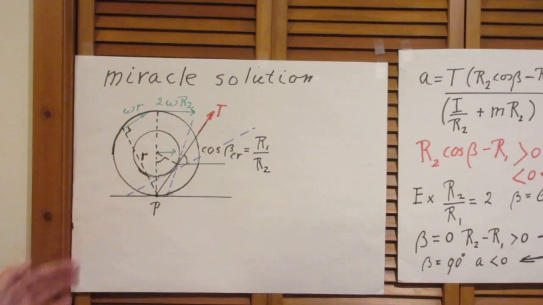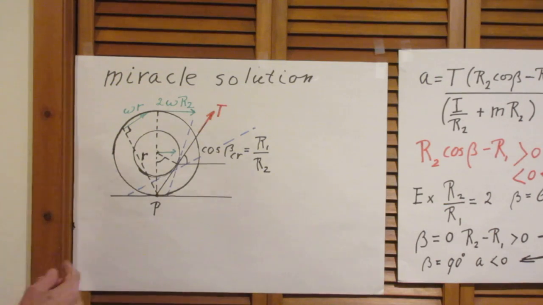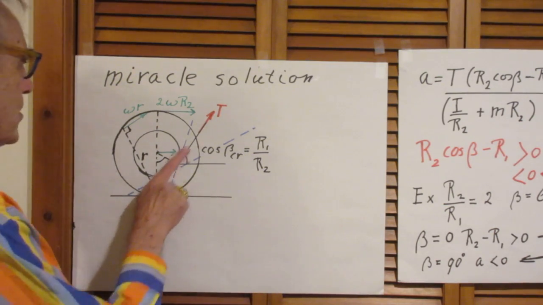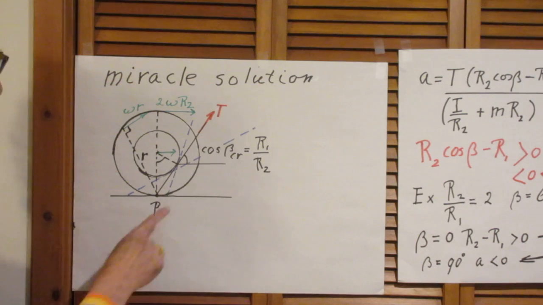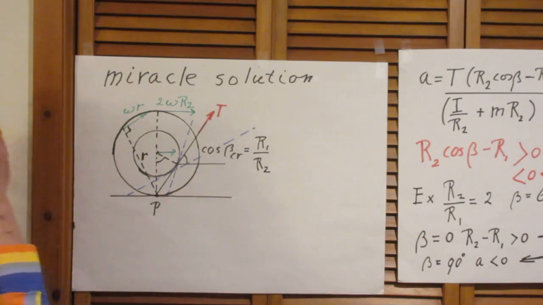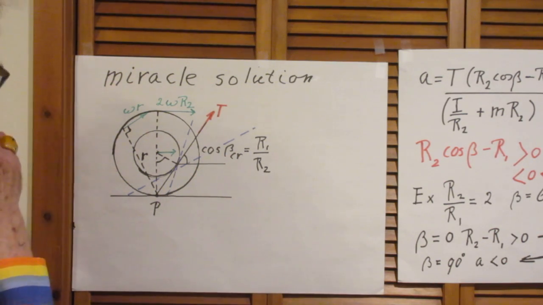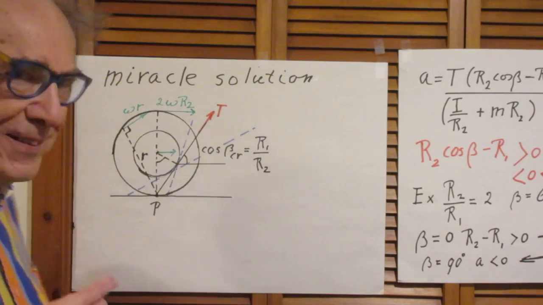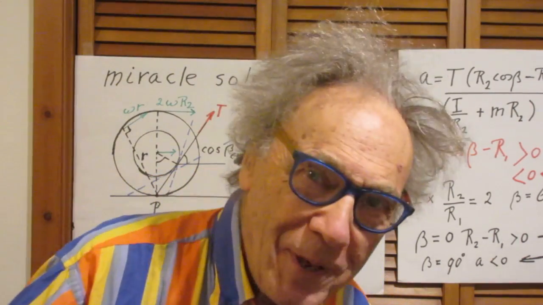And it's visually very pleasing. I like this very much. Of course, the question now is, what would happen if you pull exactly in the direction of beta critical? Try to answer that, but don't bother me, okay?